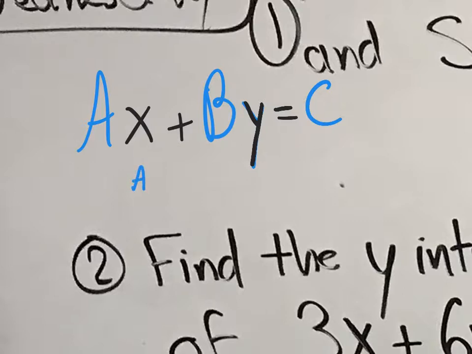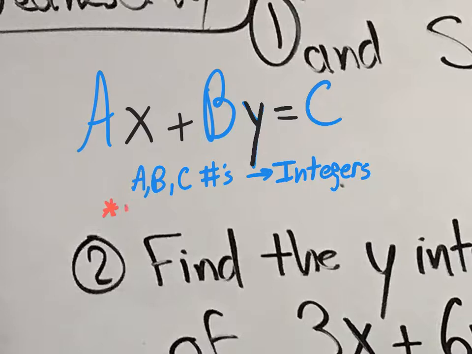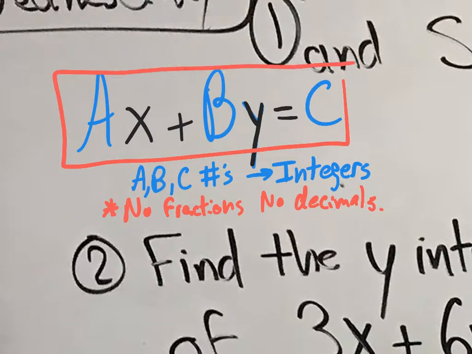More specifically, they are integers. Now, when I say integers, that means no fractions, no decimals, okay? So those are all the details about standard form. Standard form is capital A x plus capital B y equals capital C, no fractions, no decimals.